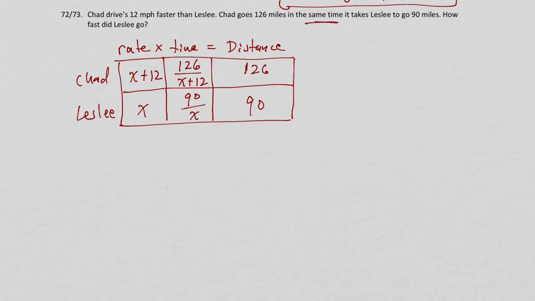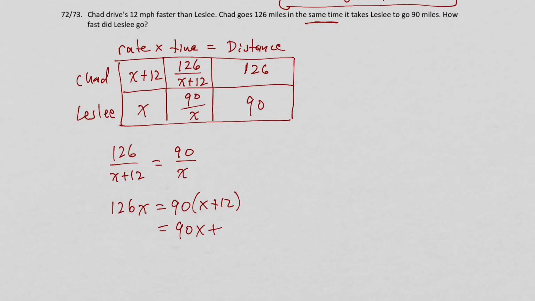So my time values must be the same. So now I can cross multiply, 126x equals 90 times x plus 12.